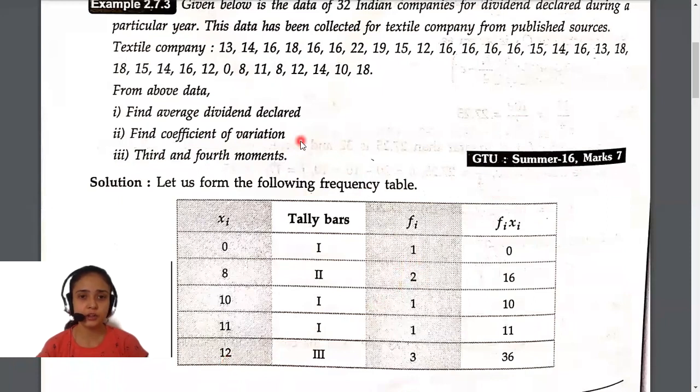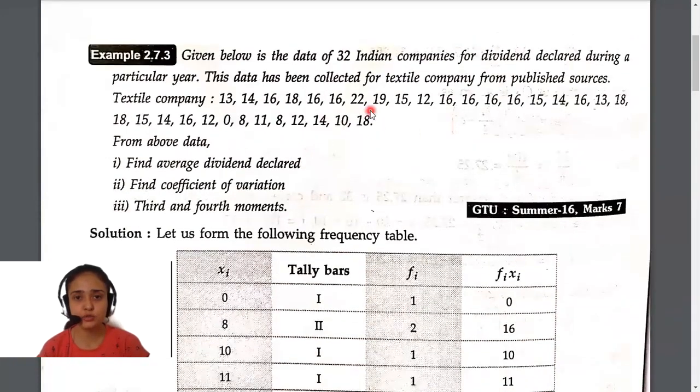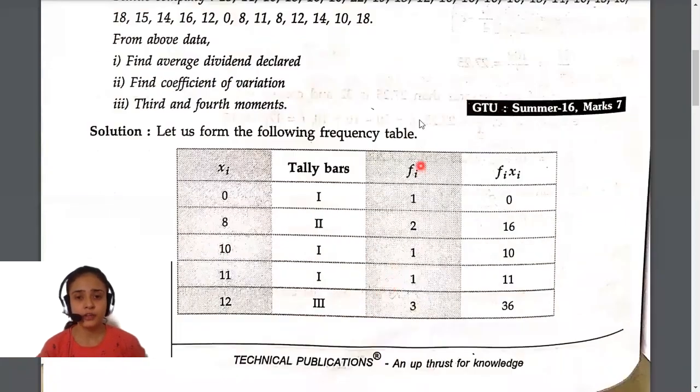If you take the example of 12, how many times is 12 repeating? Let's visualize that. That is 1 over here, 2 over here, and 3 over here. So the frequency of 12 is 3. Just ignore these jelly bars. This is how I can find the xi and the fi.